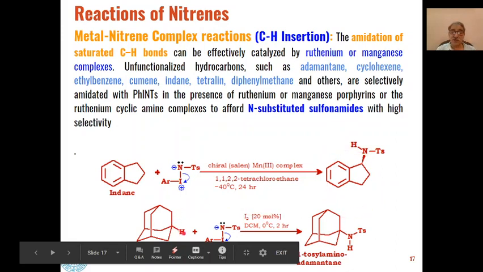So this carbon-hydrogen bond is affected to give us these types of amino products, and amino iodines in the presence of iodine and dichloromethane as the solvent will give us these types of adamantane derivatives.